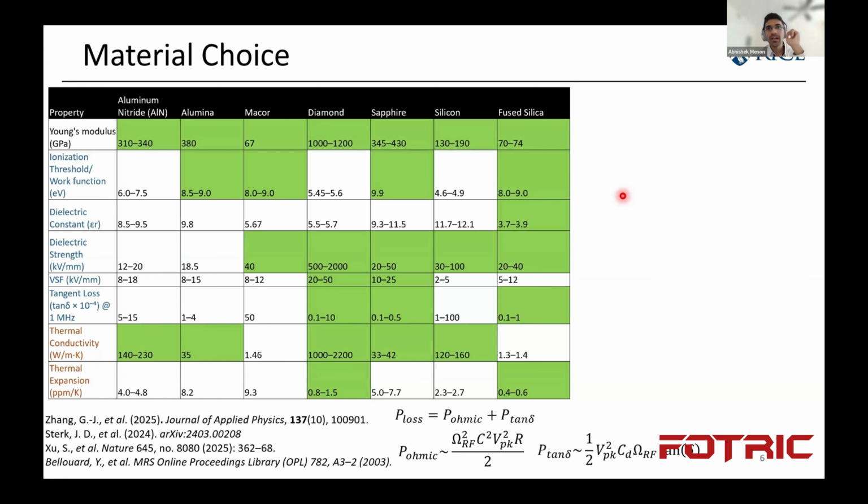If you have some degree of other ions there, it ends up not performing as well as you'd think from all these metrics here. So I'm not sure exactly what the cost is, but I would still presume that fused silica is a lot cheaper than sapphire and diamond, just from a manufacturing point of view as well.